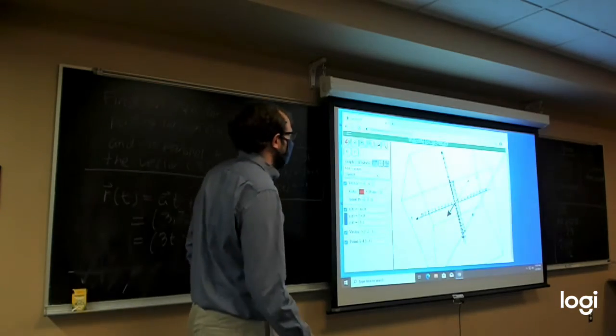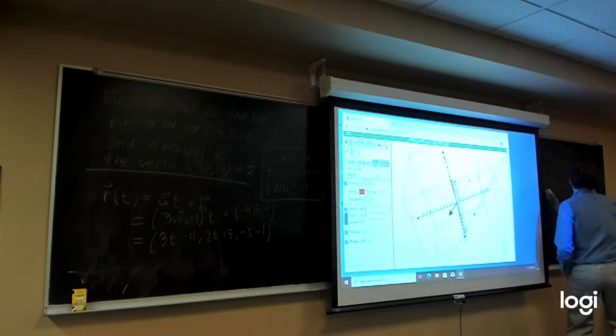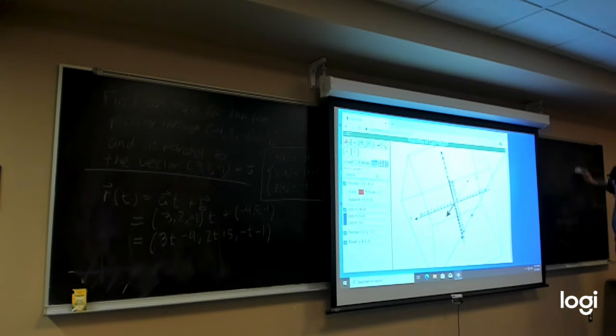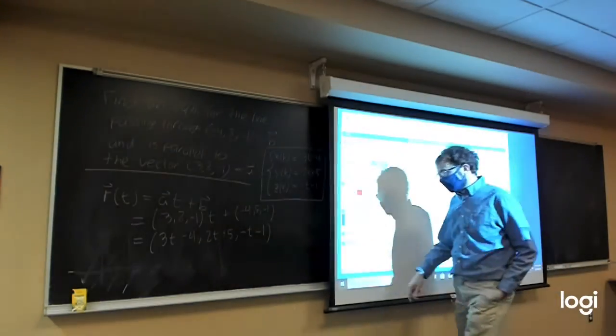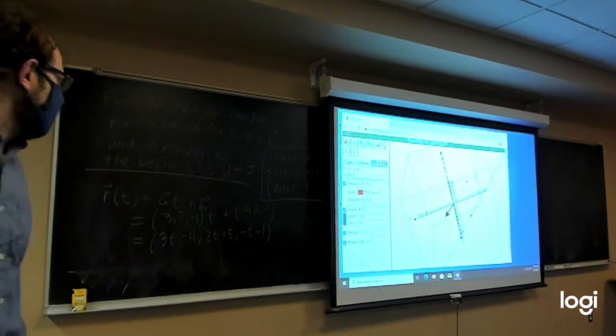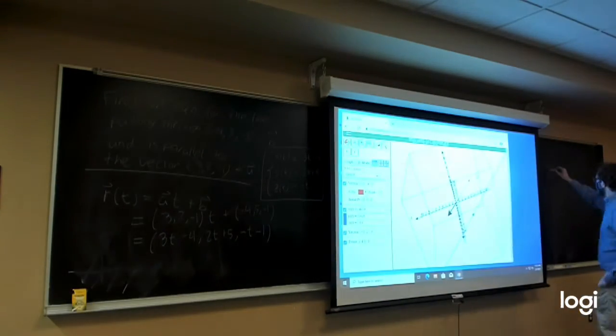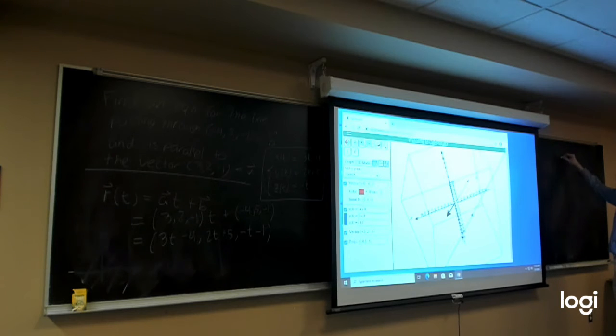So let's see what that new line would look like. I'm just going to erase this to make some space. So if we did that, we would get our r of t. This would be the new line formed with slope vector -6, -4, 2, which is -2 times our original slope vector, 3, 2, -1.